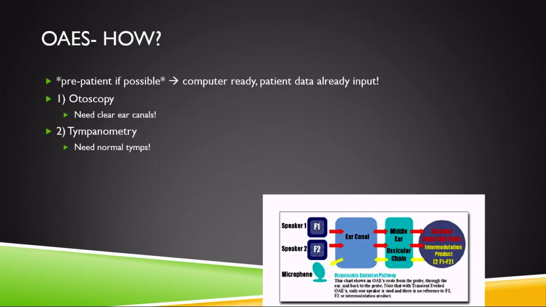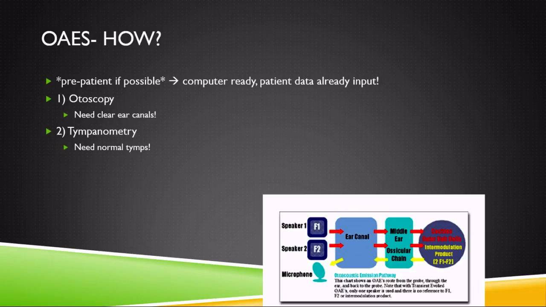It's always going to depend on how much the eardrum is moving and what the middle ear is really doing. If you have a type C TIMP and you performed OAEs and OAEs were present, you could interpret that and correctly say the outer hair cells are working well in this frequency range.